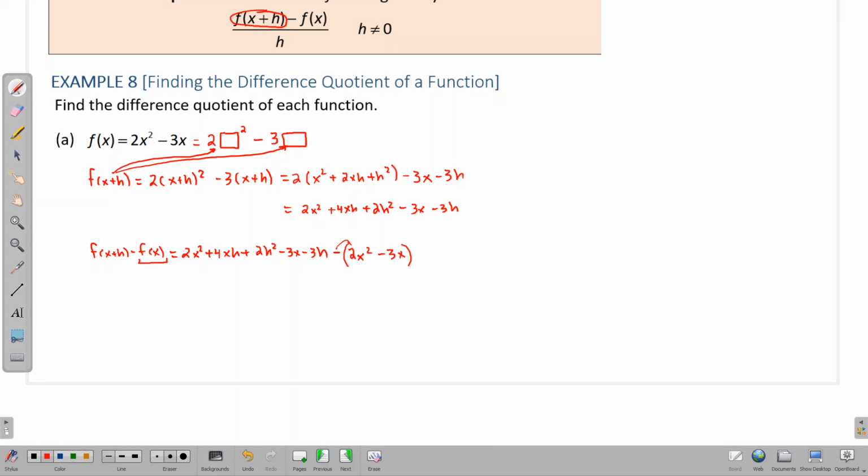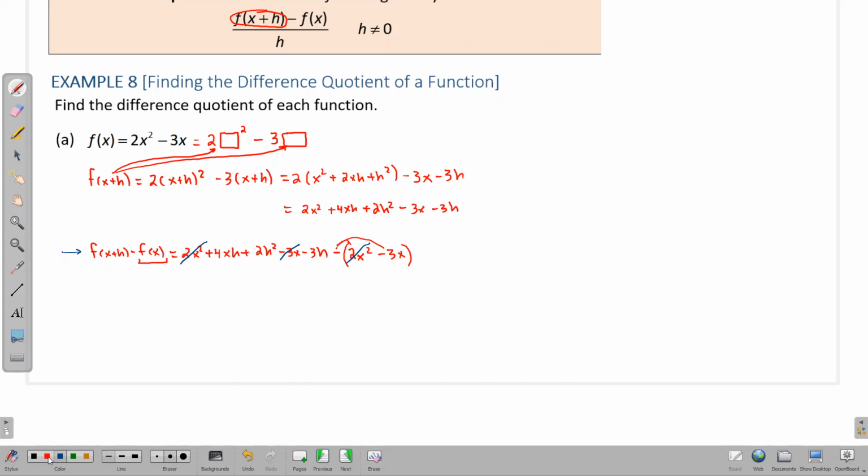Now obviously that distributes through to each of those terms, which I'm going to skip writing for right now, but if you look carefully, you'll notice that this term will cancel with this one. And then similarly, this is going to become plus 3x, so it's going to cancel with this one. You're always going to get a lot of cancellation when you get to this step, specifically when you're dealing with polynomials like this.